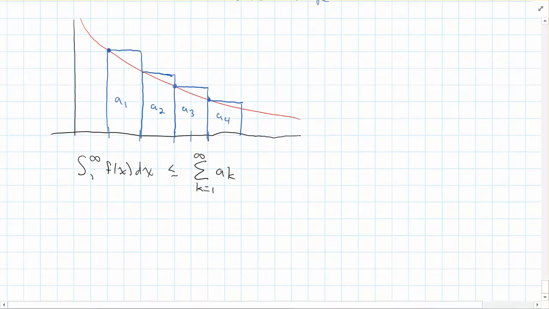So let's go ahead and just write it down real quickly here. If this series converges to a number, the integral is smaller and must converge.